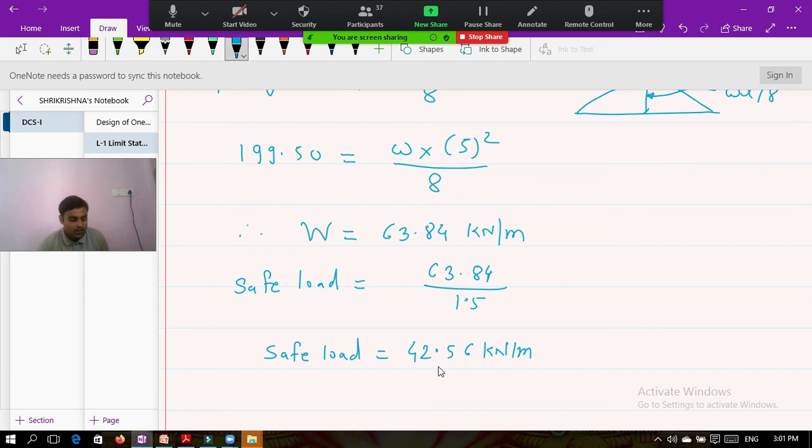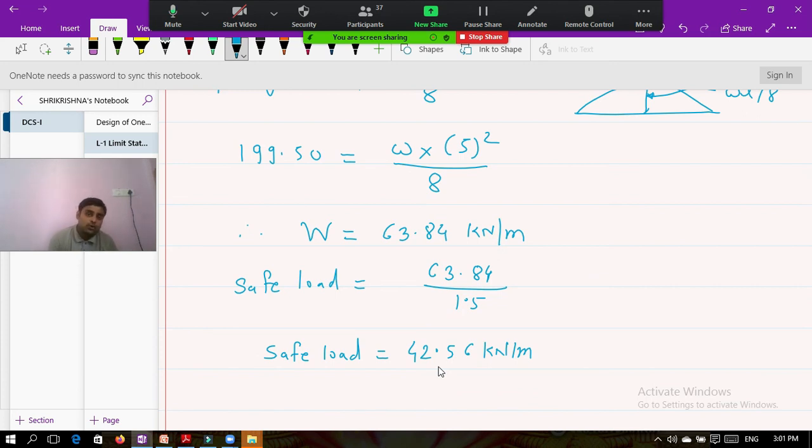Okay. Yes, sir. So now we have solved three problems based on the third unit. All the problems are very easy. These types of problem can be asked in the exam to calculate the moment of resistance or to calculate the safe load. In many cases instead of UDL, they may also give a point load acting on the beam, and they may ask you to calculate the moment of resistance as well as the point load acting on the beam.